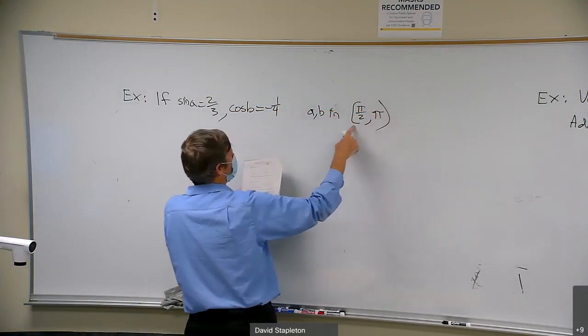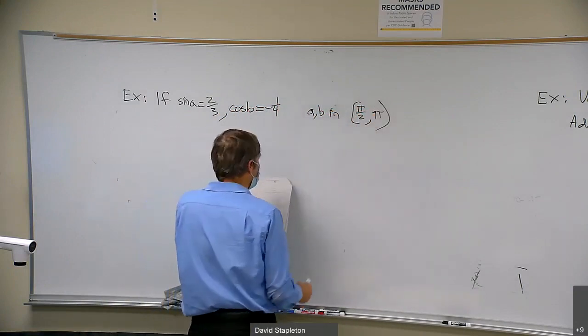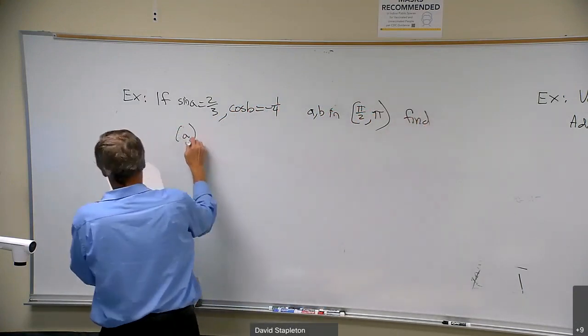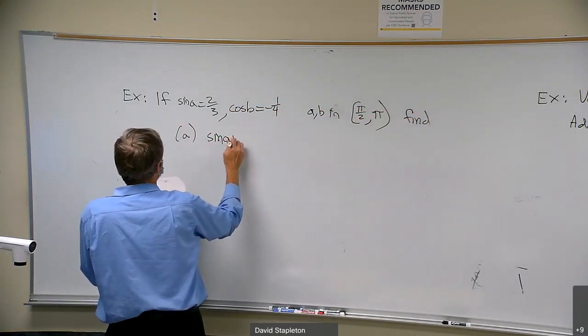The square bracket means include pi over 2. The round bracket means don't include pi. Find sine of A plus B.